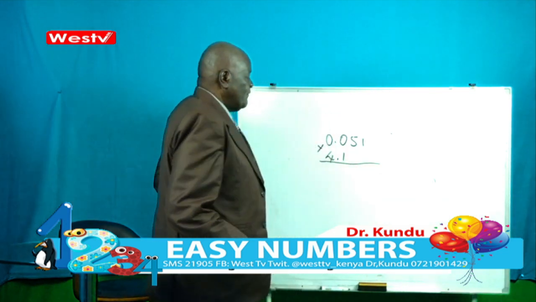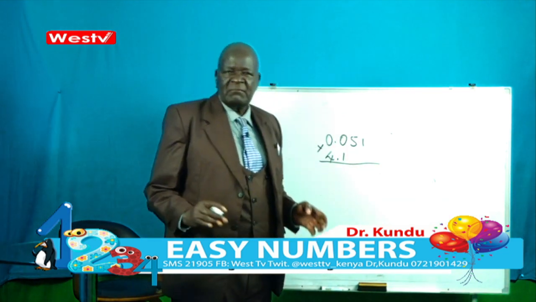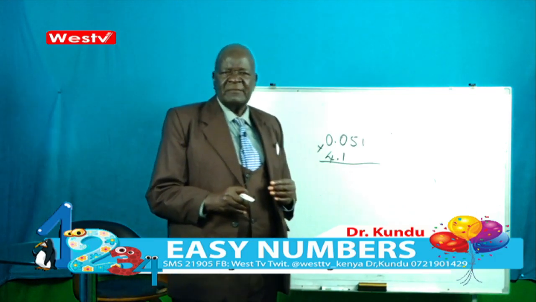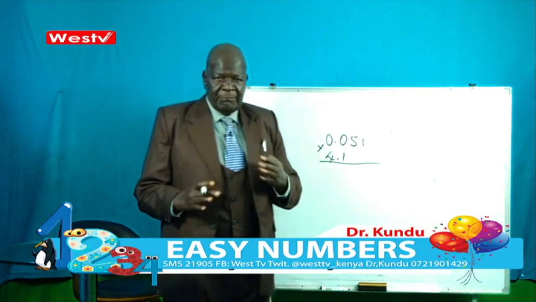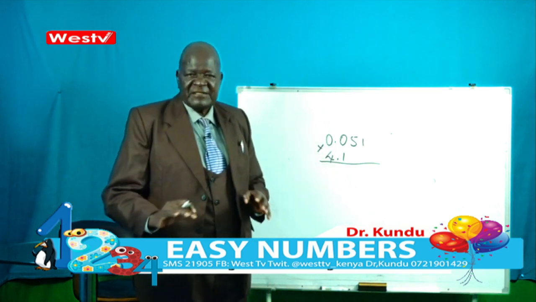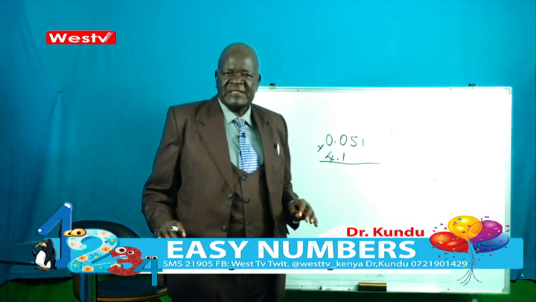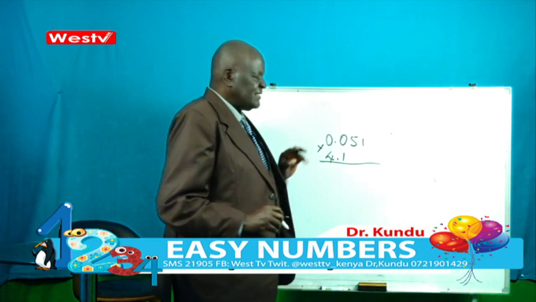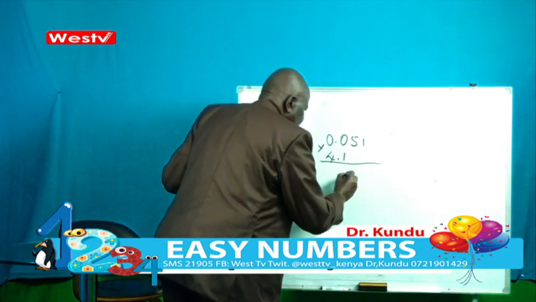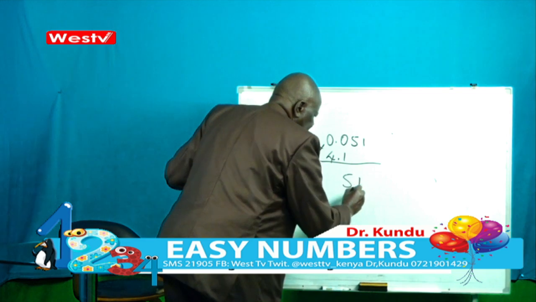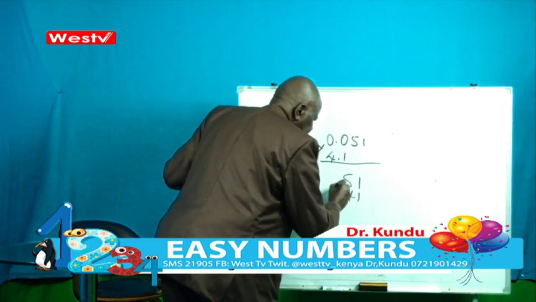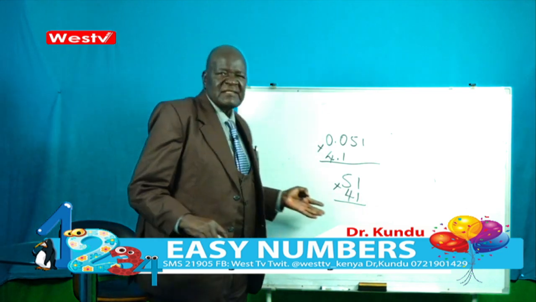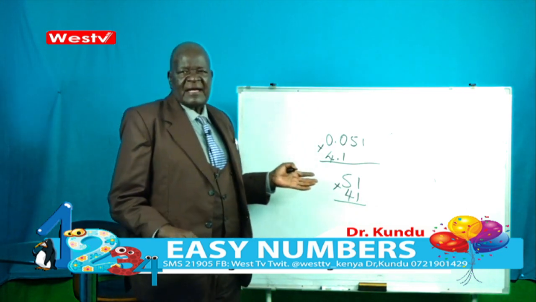So 0.051 times 4.1. Somebody then thinks that this is a very difficult problem. But by my teachings, ignore the decimals and deal only with plain numbers. The plain numbers are 51 times 41, where you can see the answer straight away as 2091.